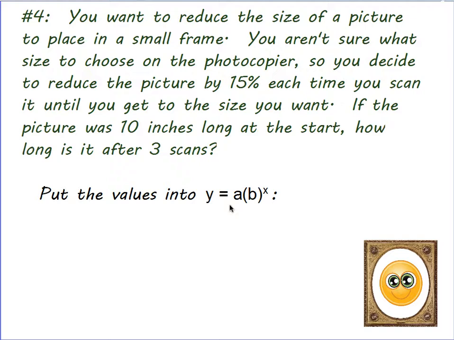When we put our values into our equation, most of it's pretty straightforward. We want to know the total after 3 scans. There are 3 scans, and we started with a 10-inch long picture. It's the rate that gets tricky when it's a percent.